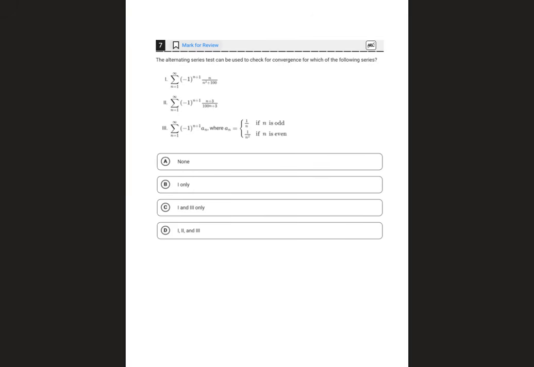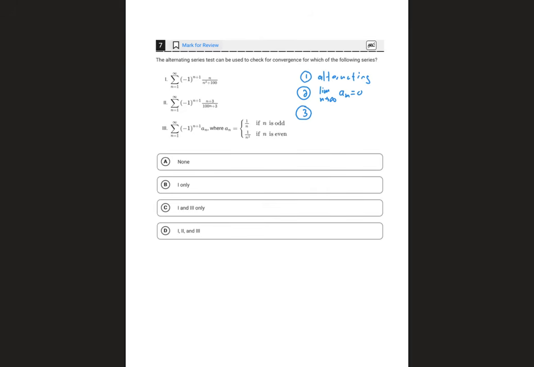I'll list them here real quick. The terms have to be alternating. Okay, they have to go to 0. And this is from a certain term on.